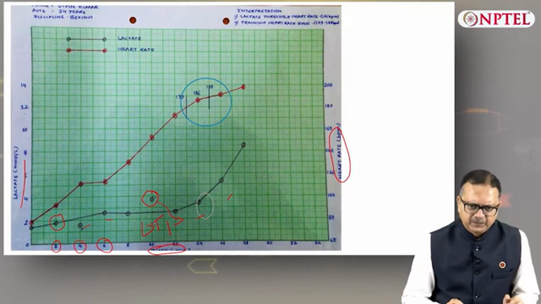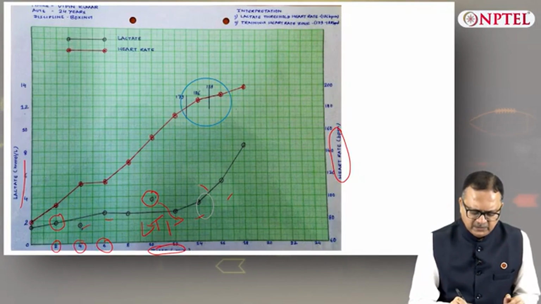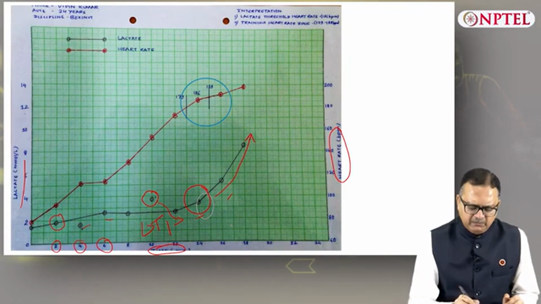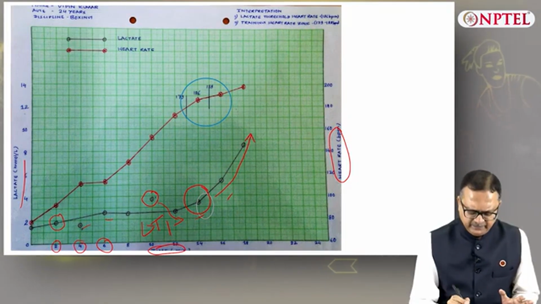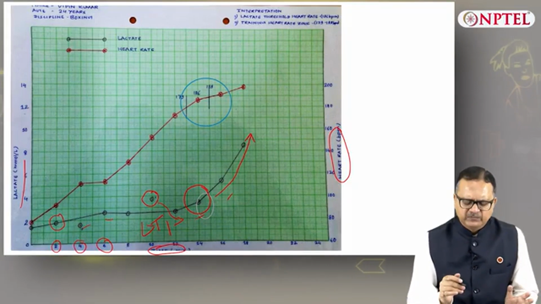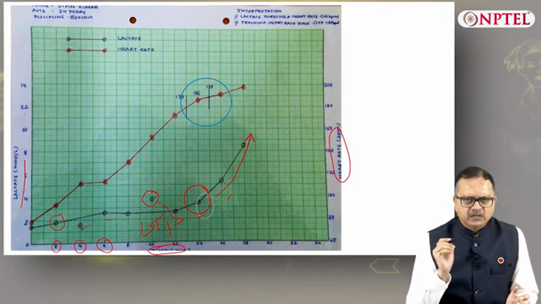After some time, there will come a time when the blood lactate will rise and continue to rise, or there will be a break in the linearity of this graph. Now, this by itself is fine, but it does not give you training data.